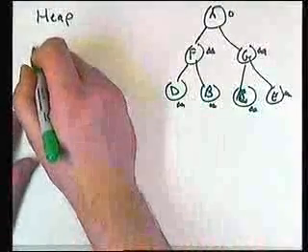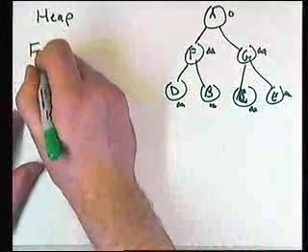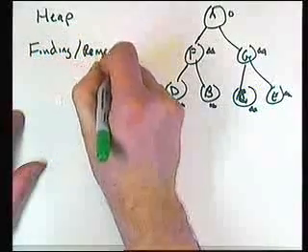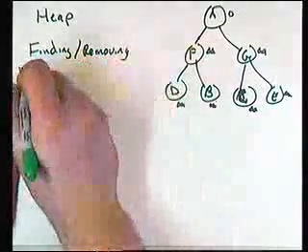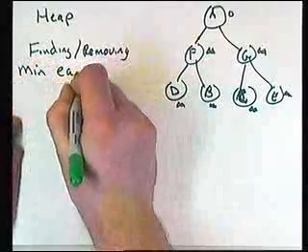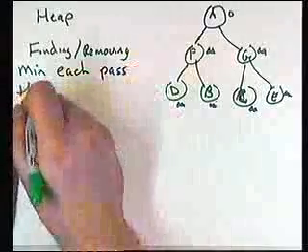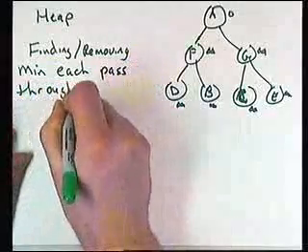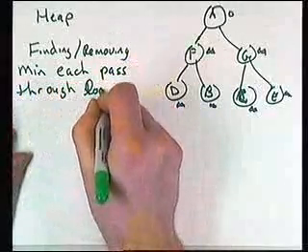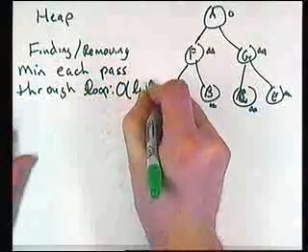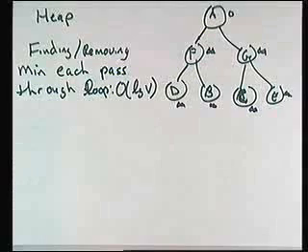And we say the issue here, finding and removing the min each pass through the loop is going to be order log v time, because that was the cost of deleteMin on a heap.